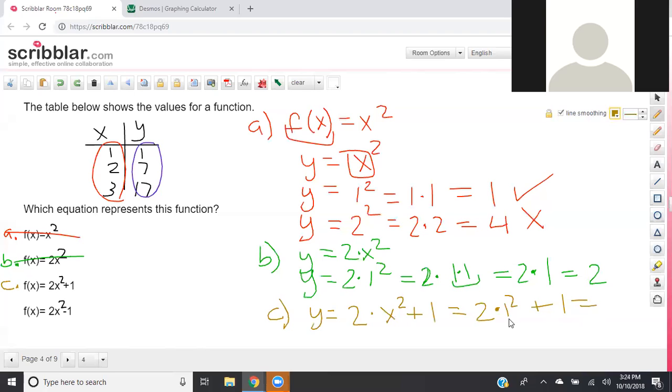Remember to do your squared first. Oh, okay. 3. It's 3. It's a super common order of operations mistake because the way we read is left to right. We always do everything left to right except math. So be careful with your order of operations.